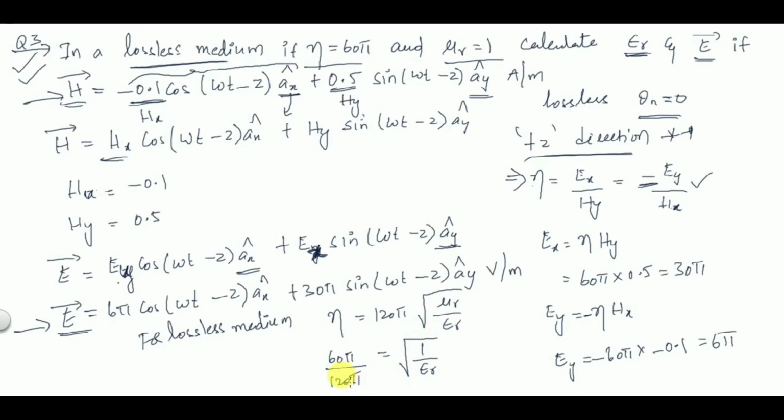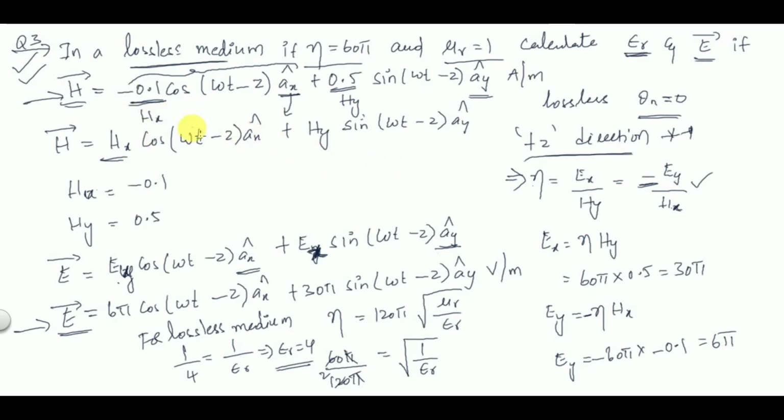So it will be 1 by 2; squaring on both sides, it will be 1 by 4 is equal to 1 by epsilon r, so epsilon r value is 4. So this is how we can find the wave equation.